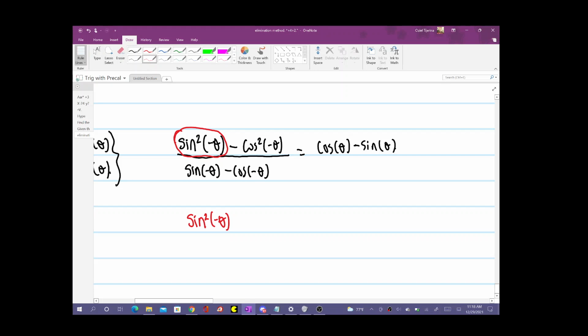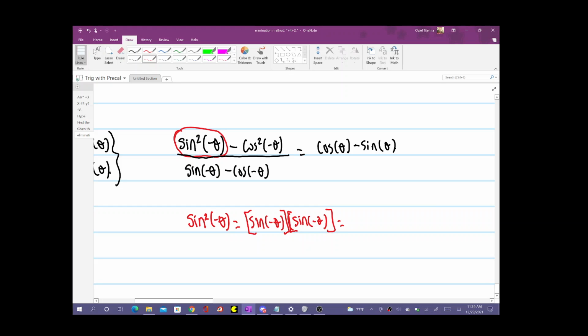I'm circling it in red because I'm writing it in red, right? So this is equal to sine of negative theta times sine of negative theta.